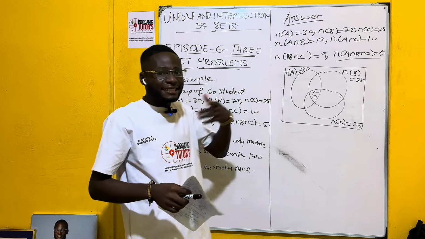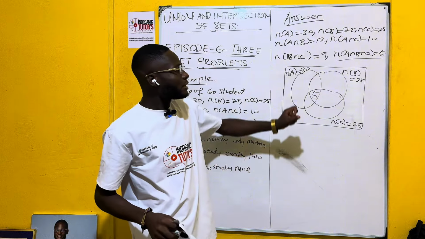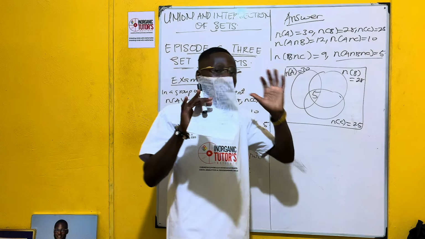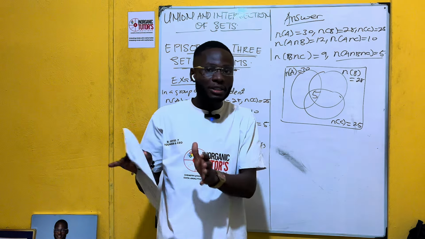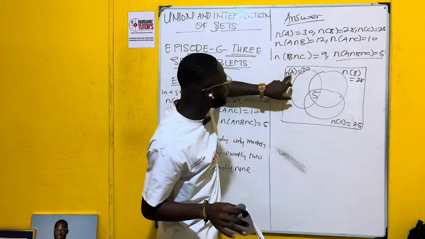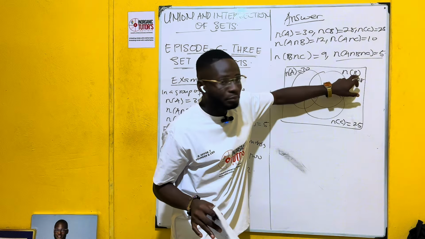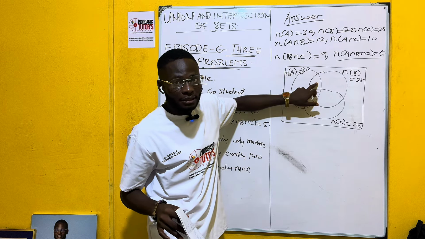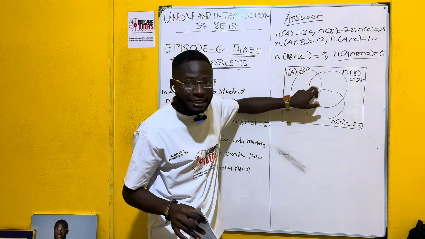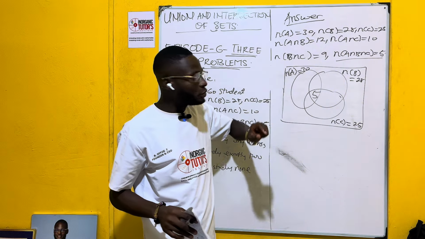Now, the next thing you have to do is go to those that have 2 common sets. So you go to A intersection B. That is this part, right? If you want to get this part, what do you have to do?